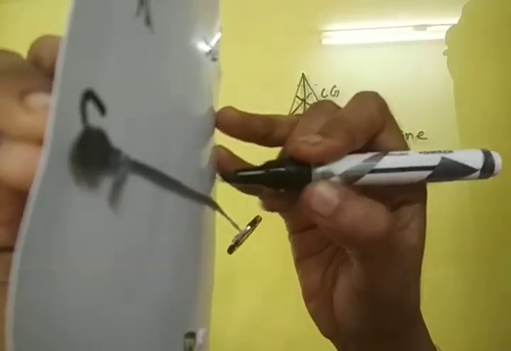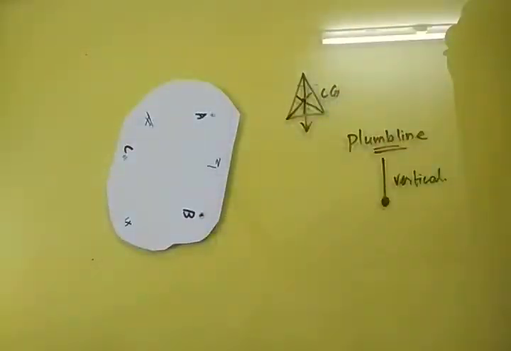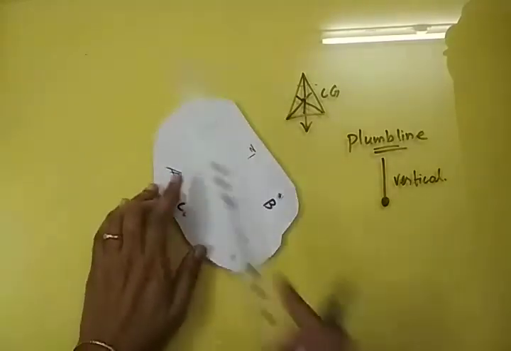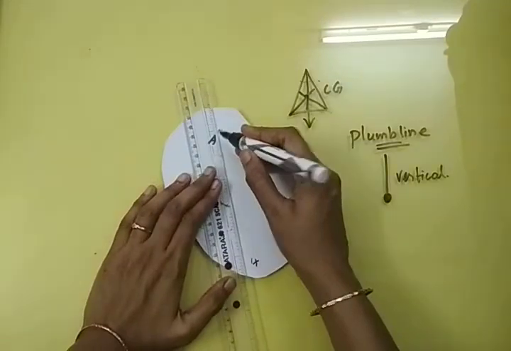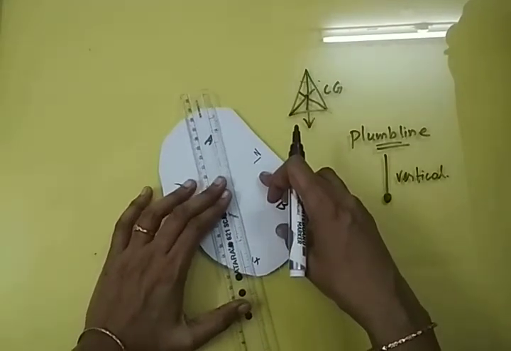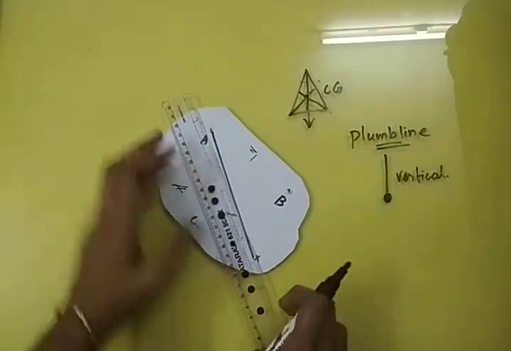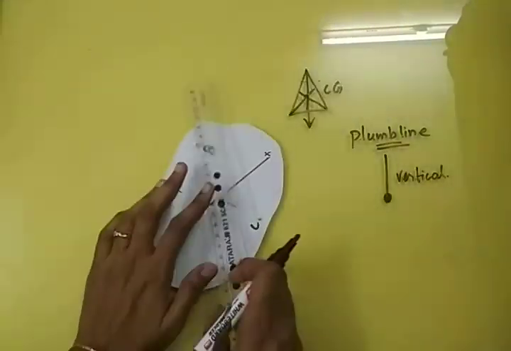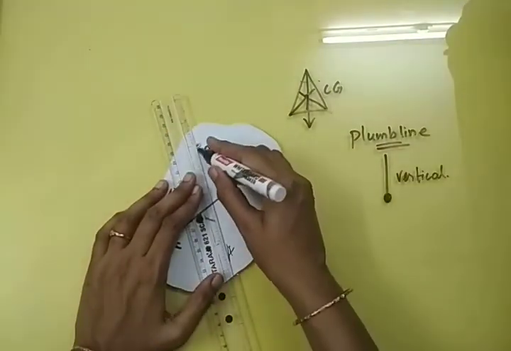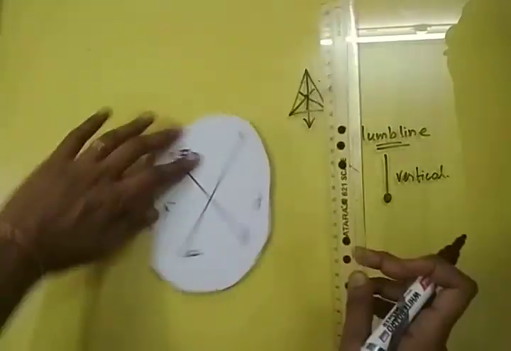Mark it as Z. That's it. Now I have to join the points of suspension A, B, C to X, Y, Z. So A to X, the point of suspension to the position of the plumb line, and then B to Y, and then C to Z.